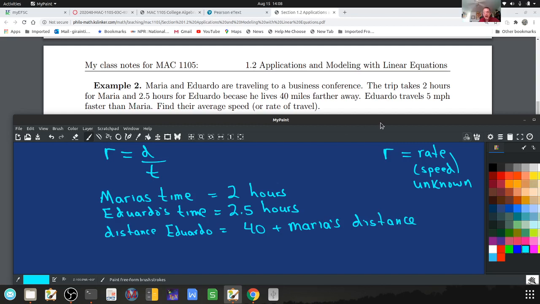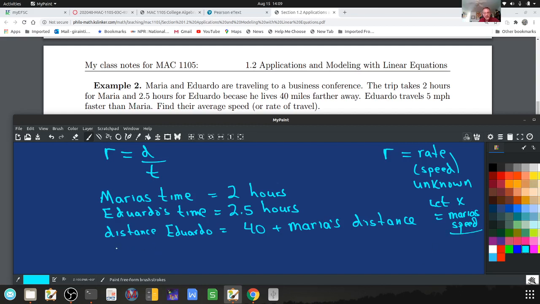Eduardo travels 5 miles faster than Maria. So let's let x equal Maria's speed or rate.